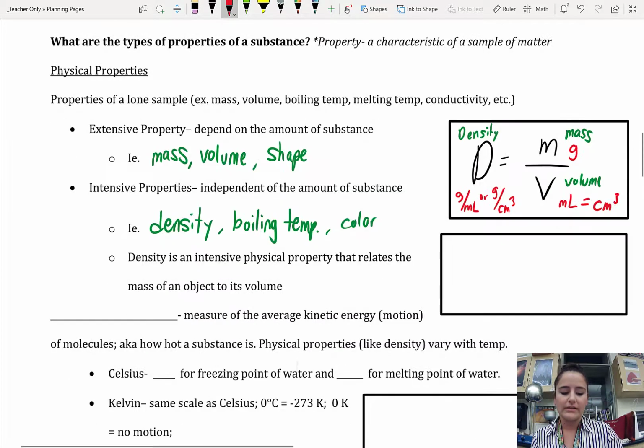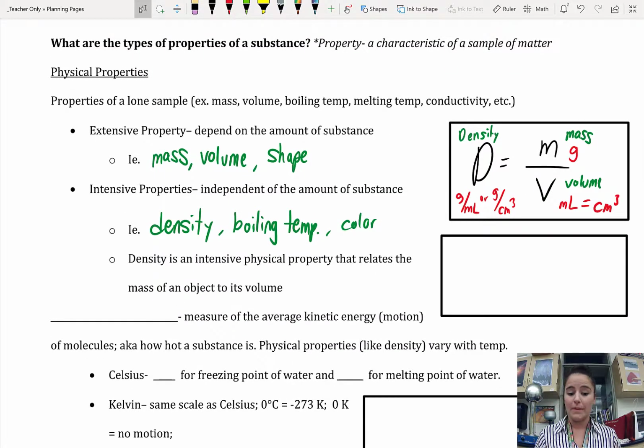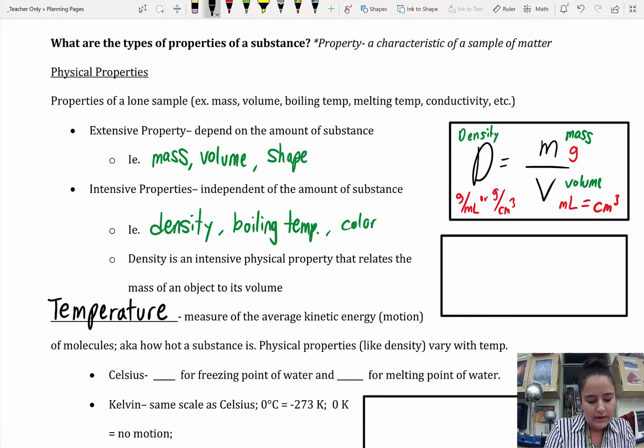Okay, which brings us to another property. This is an intensive property, but it's one that changes all the time. It depends just about that sample that you're talking about right at that moment. And it's the measure of the average kinetic energy of the molecules, aka its temperature.